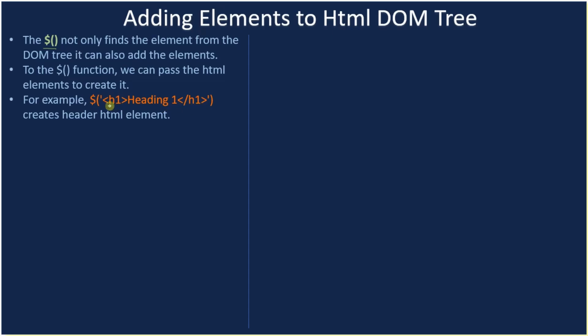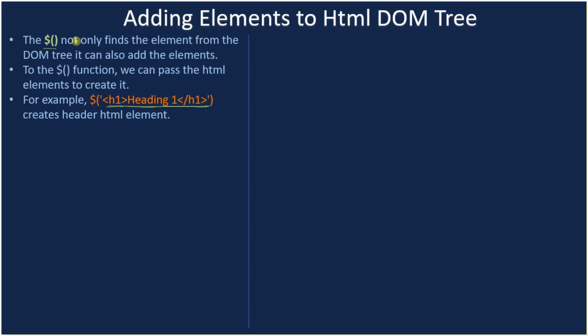The specific stuff is an HTML tag, right? A complete tag we gave to the dollar function. Here it will create the HTML element, the H1 element, and it will give that as a DOM object. So that's the return here.